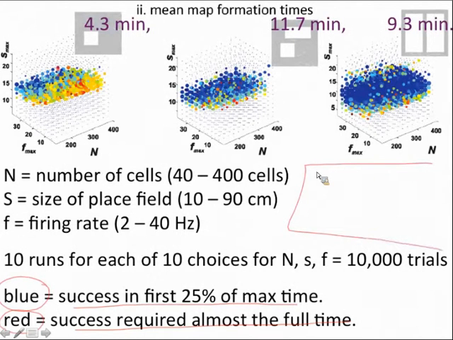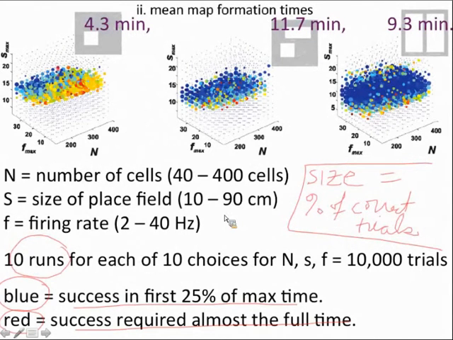The other thing, hard to fit everything in here, is the size corresponds to the percentage of correct trials. So remember, they did 10 runs for each of the 10 choices. So it could be that maybe 10 out of the 10 trials are correct, and they used a large circle to denote that 10 out of 10 of them were correct, versus they used a small circle to denote that maybe 2 out of 10 were correct.